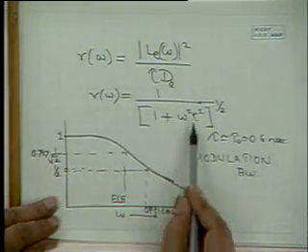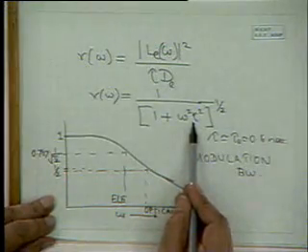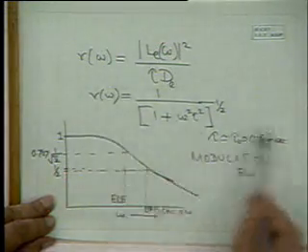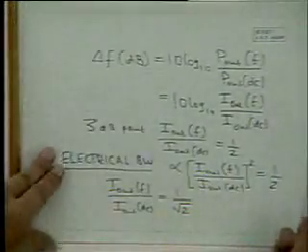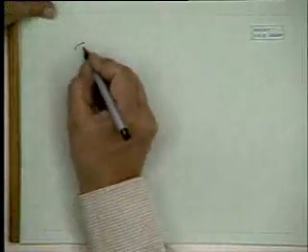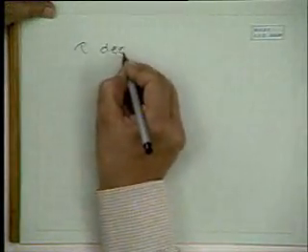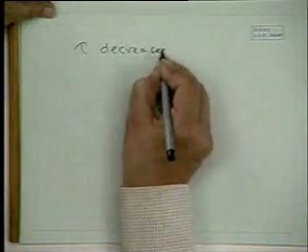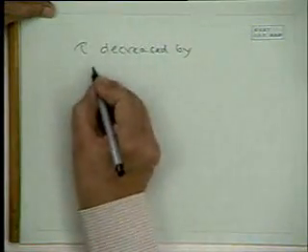So you see that obviously this depends upon tau. The smaller the value of tau, the better the frequency response. So you want, as it was asked, how can you control this? Tau can be decreased by various means.